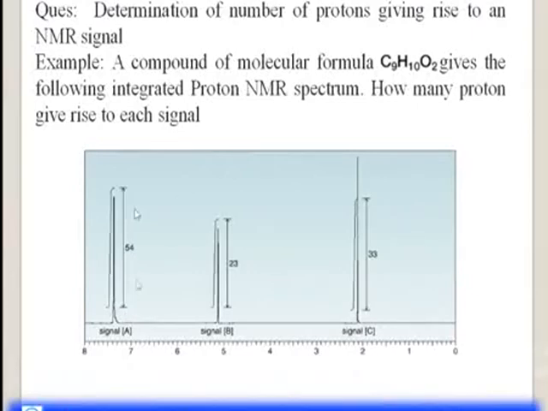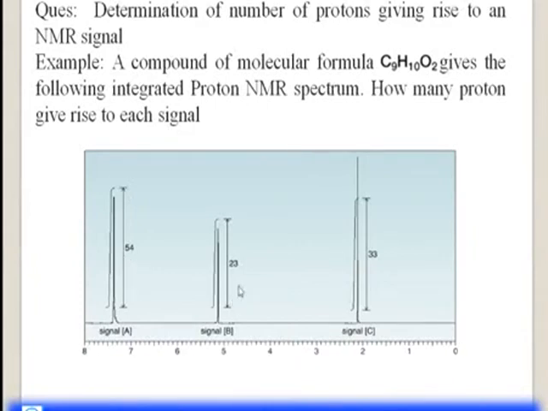Let us take an example. How can we calculate the number of protons from the integrated area of a signal? See this spectrum, here you can see three signals, signal A, B and C, and moreover you can see the integrated area, which is calculated by the spectrometer.